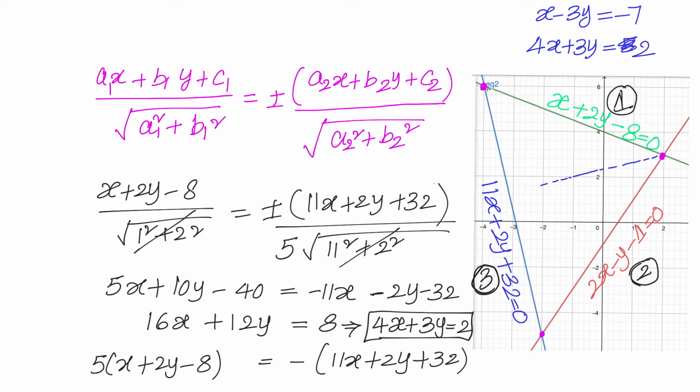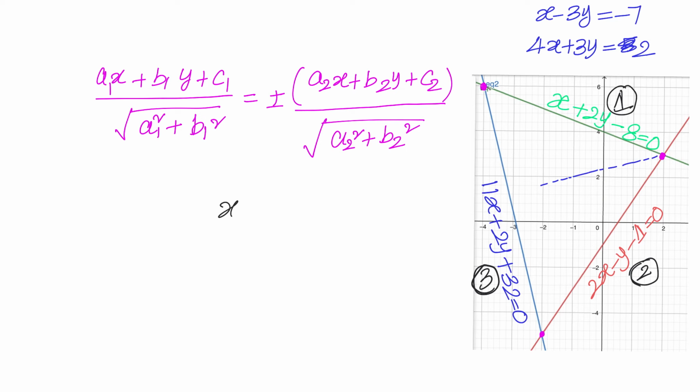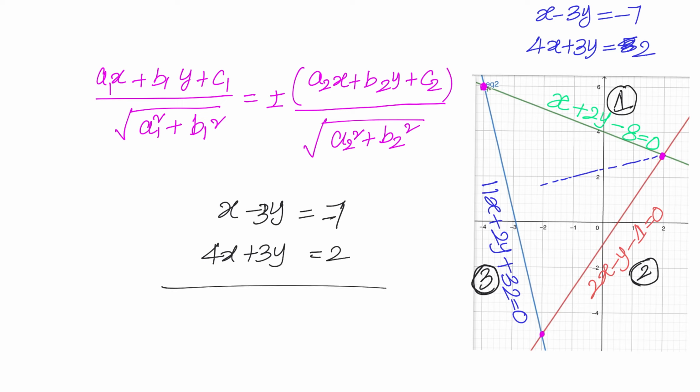Once we have both the angular bisectors, now we can go ahead and find the point of intersection of them. One equation we have is x minus 3y equals minus 7, and another equation is 4x plus 3y equals 2. Good news is we don't need to multiply with anything. We just add them.